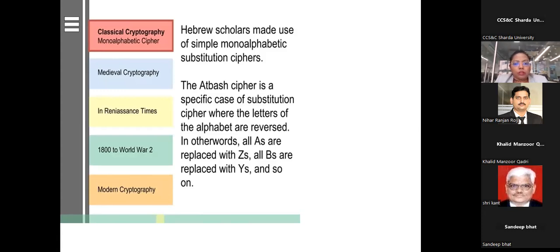Another cipher is a specific case of substitution cipher where the letters of the alphabet are reversed. In other words, all A's are replaced by Z's, all B's by Y's, and so on. This is another type of substitution.